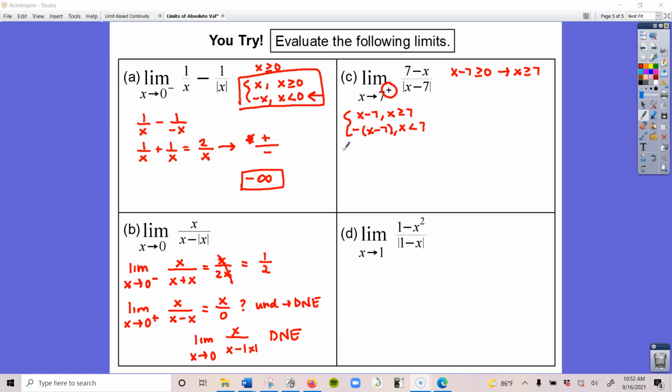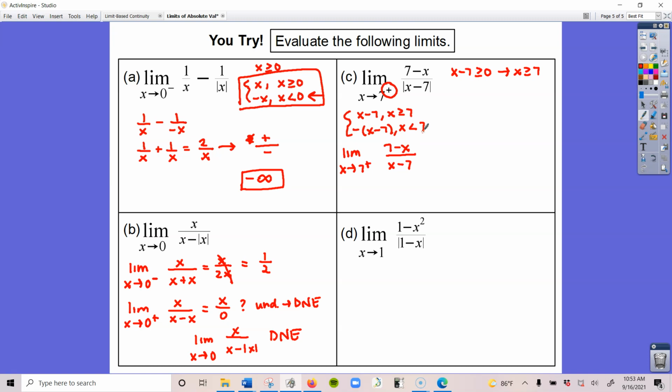So let's write out our limit. As x approaches 7 from the right would be 7 minus x over, the right side would be this top one here, so x minus 7. Now what I notice here is that everything in the numerator and the denominator are the same elements, but they're different signs. Here the 7 is positive where it's negative in the denominator. Here the x is negative where it's positive in the denominator. I want to be able to cancel them out. Since x is approaching 7, I can't exactly plug that in.